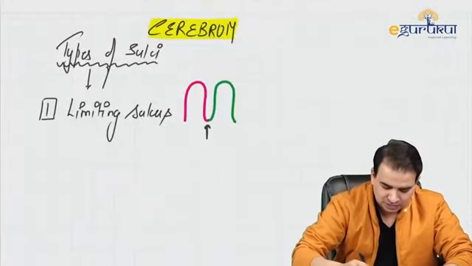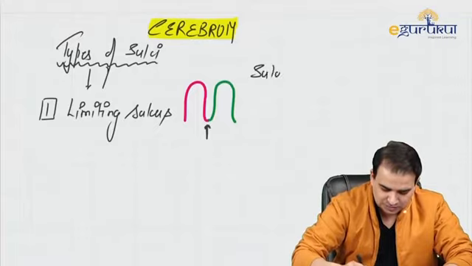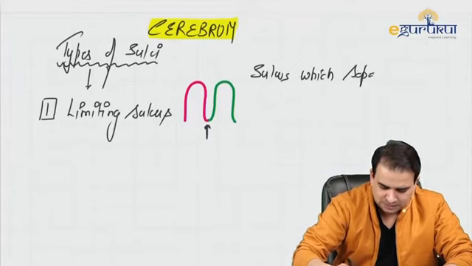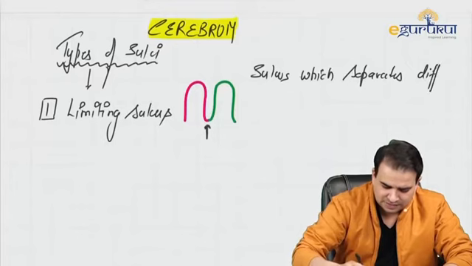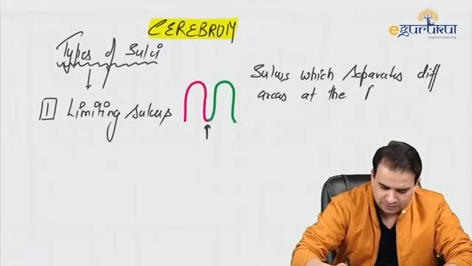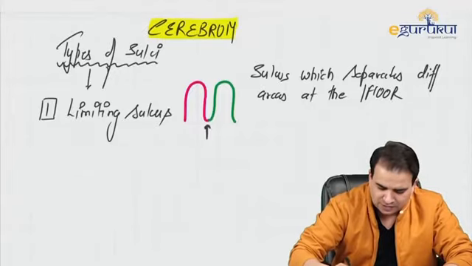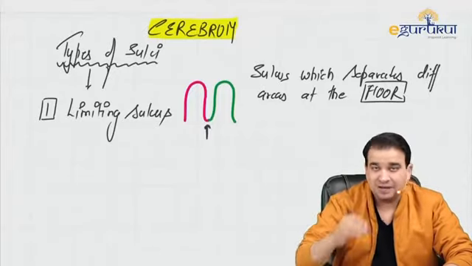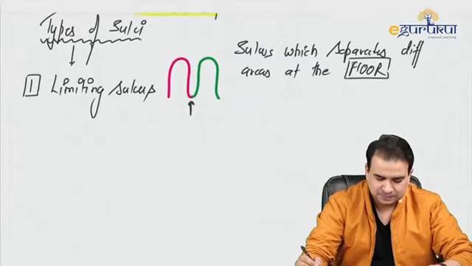Limiting sulcus. These are the sulcus which separate different areas at the floor of the sulcus. The floor is a keyword here. They're separating, but at the floor of the sulcus.